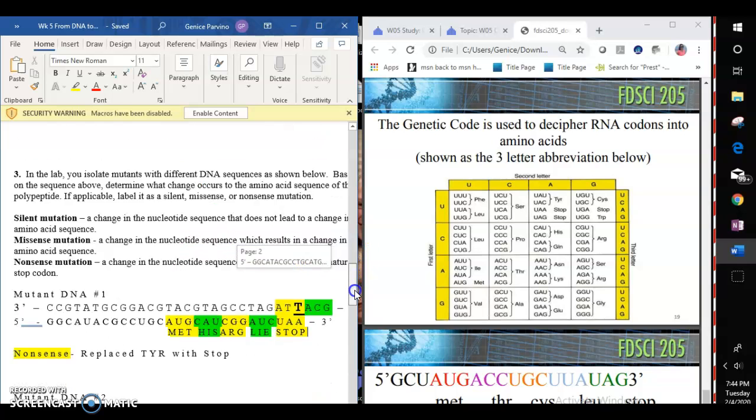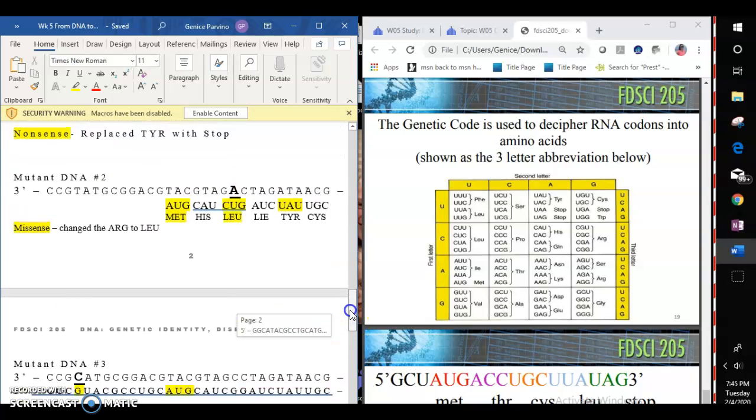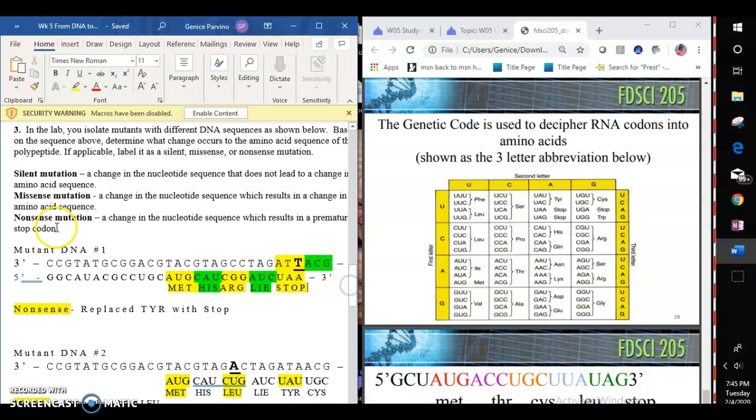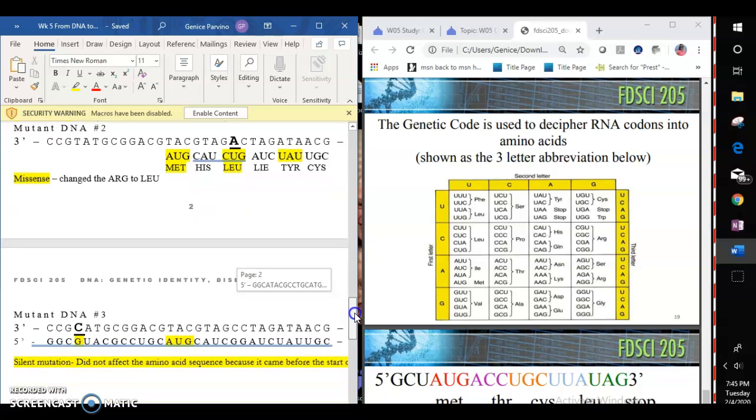With that being the only mutation, that doesn't even affect our sequence because it is outside of our amino acid chain. A silent mutation is a change in the nucleotide sequence that does not lead to a change in amino acid sequence. So that's what happened to the one right there in number 3.